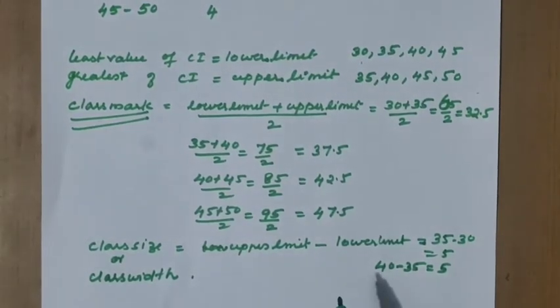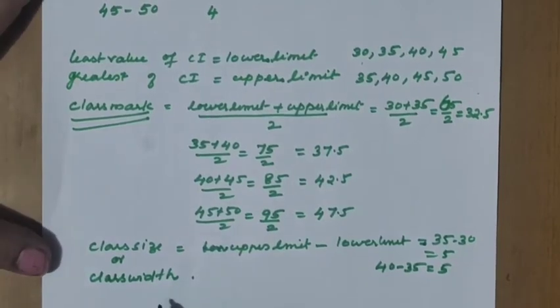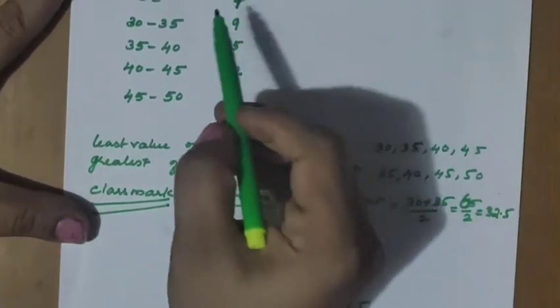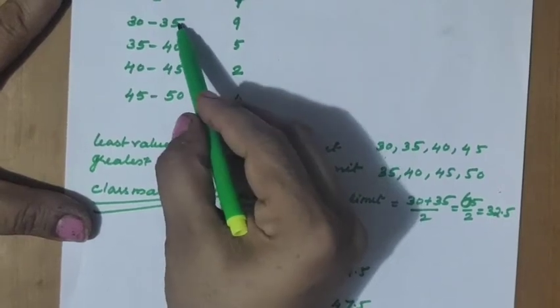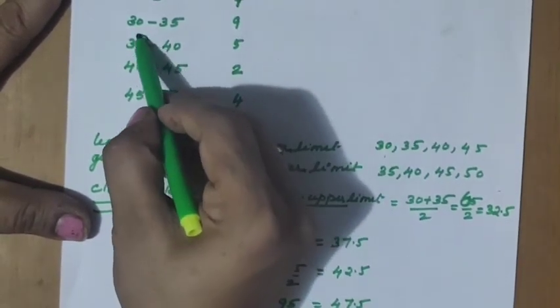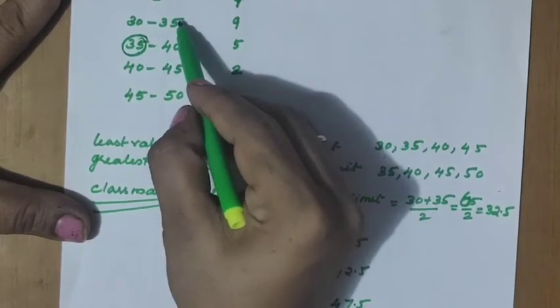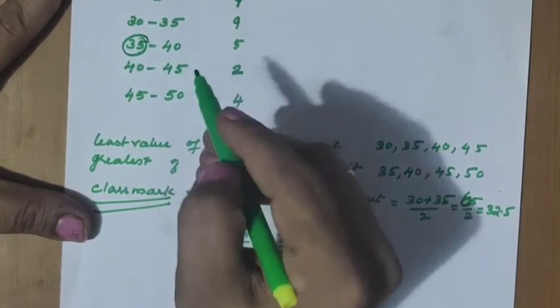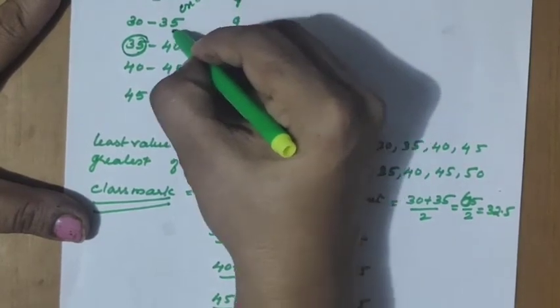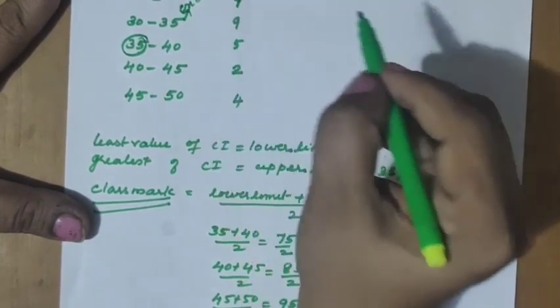Now one more point we have to learn. When we say 30 to 35 and 35 to 40, where will 35 be counted? 35 is coming 2 times, here also it comes, here also it comes. Where will it be counted? The 35 will be counted here. That means the upper limits are excluded, all upper limits are excluded.